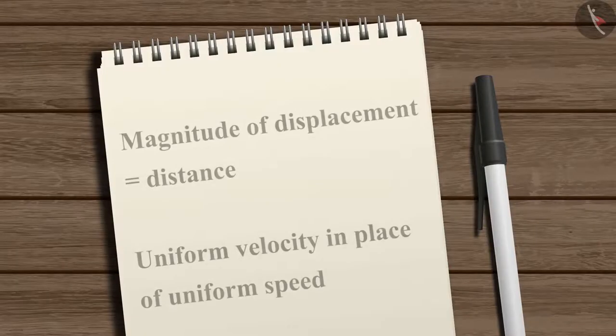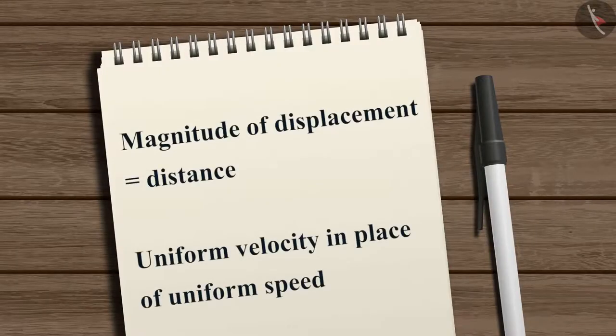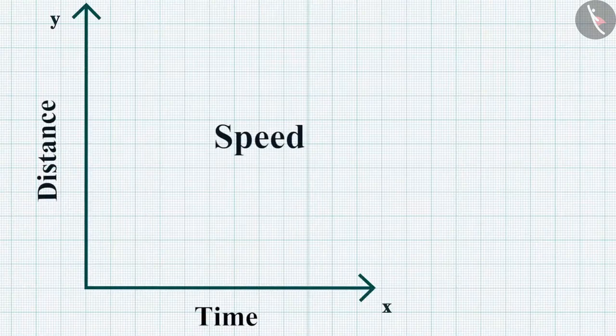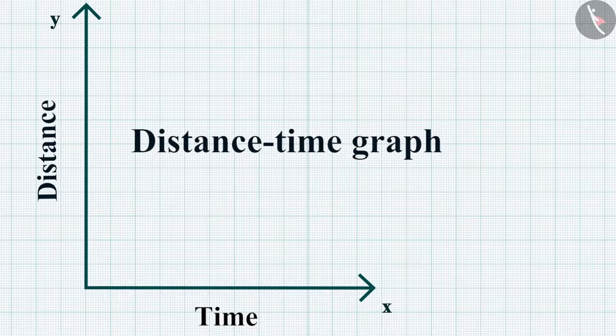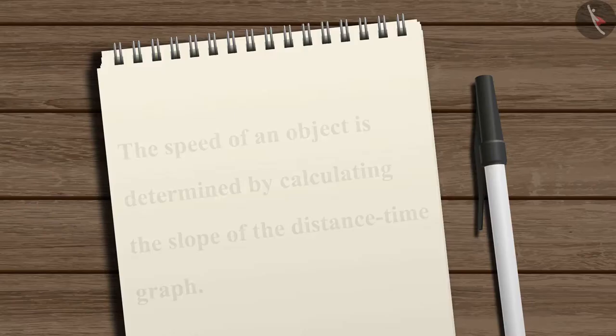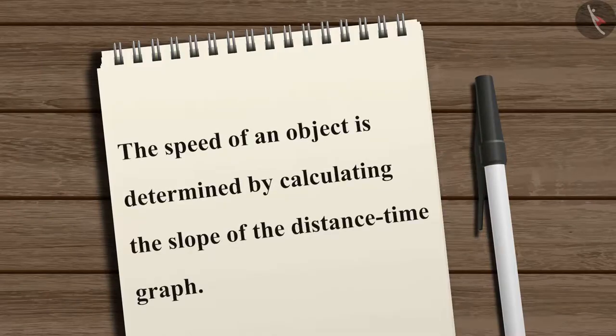If the magnitude of displacement is equal to the distance travelled by the object, then we can use the term uniform velocity in place of uniform speed. We can also determine the speed of an object from the distance-time graph. The speed of an object is determined by calculating the slope of the distance-time graph.